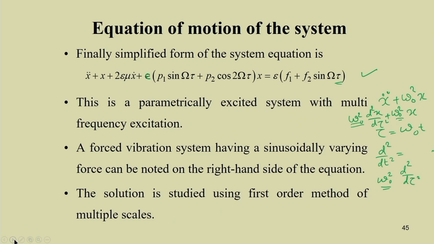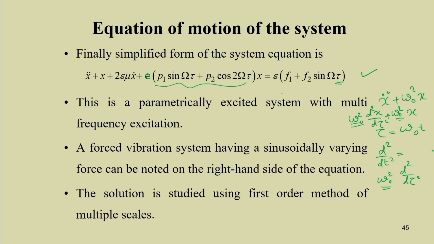So, here you just note this equation, that is x double dot plus x plus 2 epsilon mu x dot plus epsilon p 1 sin omega t plus p 2 cos 2 omega t into x. The coefficient of x is a time varying term, that is similar to p t. So, we have seen this can be reduced to a Mathieu-Hill type of equation.